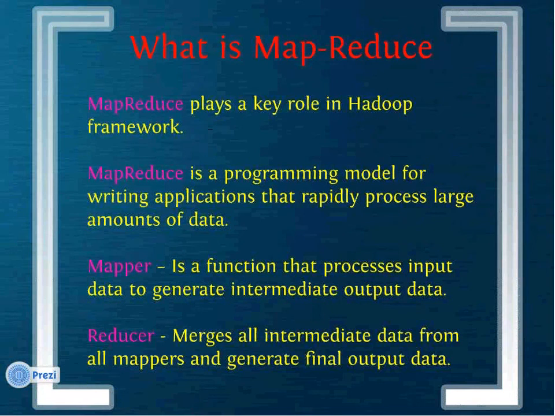Coming back to Hadoop, mapper is a function that processes input data from HDFS and generates intermediate output data. Why are we calling it intermediate? Because this is not the final output. This needs to be consolidated. So each individual machine is doing its own part, whatever is assigned by your master machine.